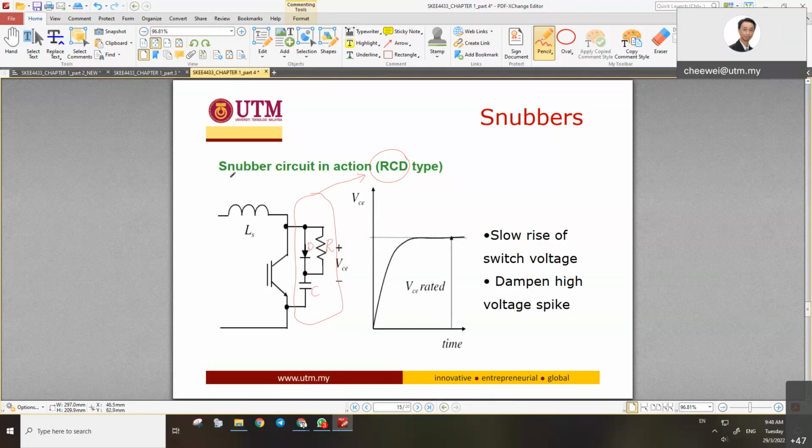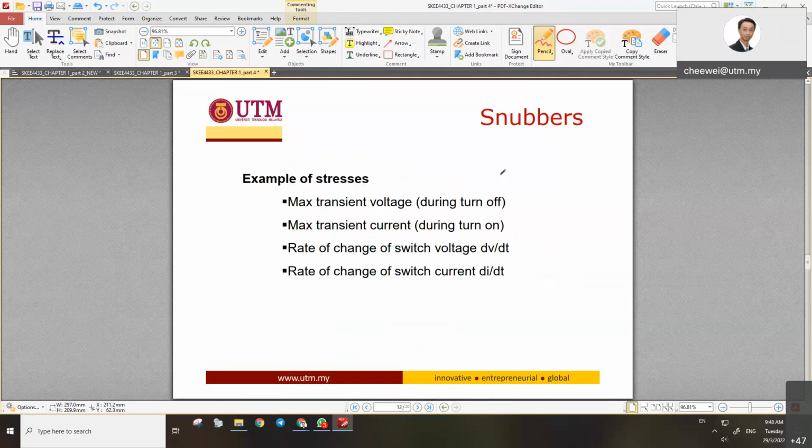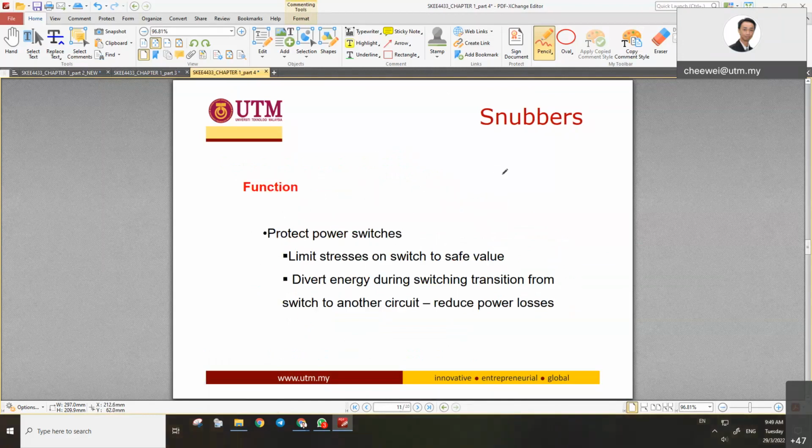We know that we call it snubber circuit. What does it do? It has a function. What is the function? To protect. How do you protect? By limiting the stress and diverting the energy during the switching transition.